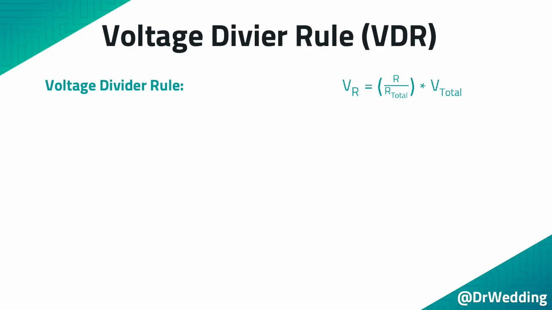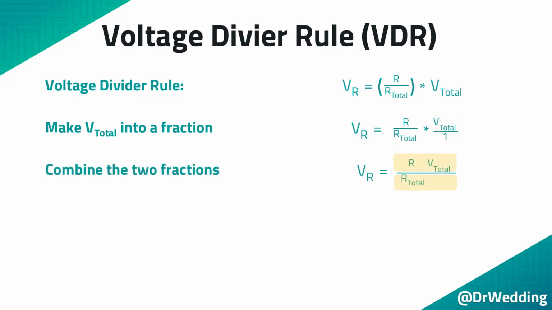Let's prove these 2 equations are the same. Start with the voltage divider rule. By putting V total over 1, it becomes a fraction without changing its value. The 2 fractions are combined by multiplying the numerators and multiplying the denominators. V total divided by R total is equal to I total.